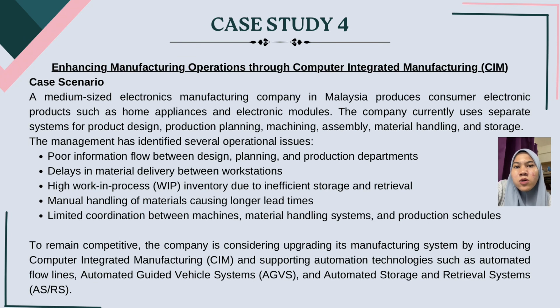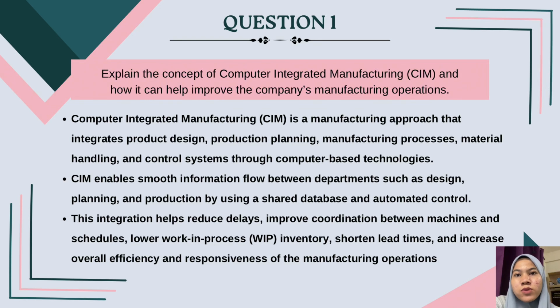So, to remain competitive, the company is considering upgrading its manufacturing system by introducing computer integrated manufacturing and supporting automation technologies. The first question asks to explain the concept of computer integrated manufacturing and how it can help improve the company's manufacturing operation.